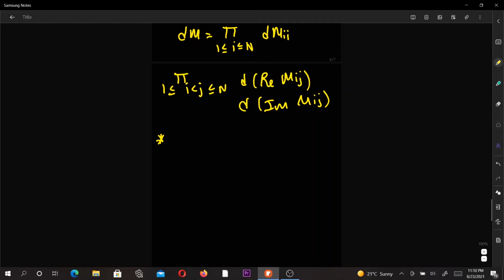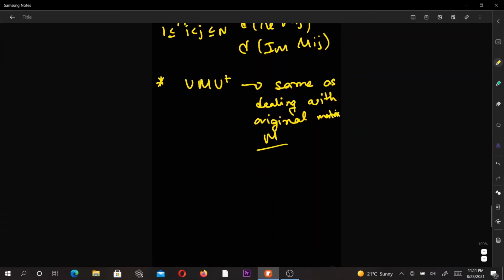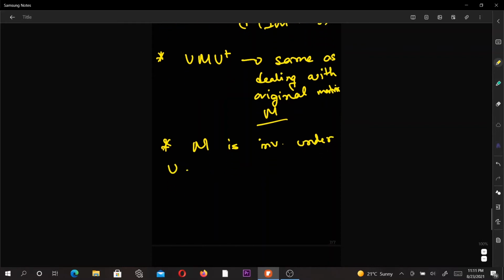If we have a Hermitian matrix M and we do a unitary transformation, it's the same as dealing with the original matrix M. We say that M is invariant under U, the unitary transformations.